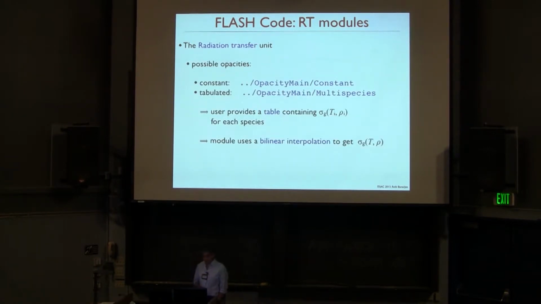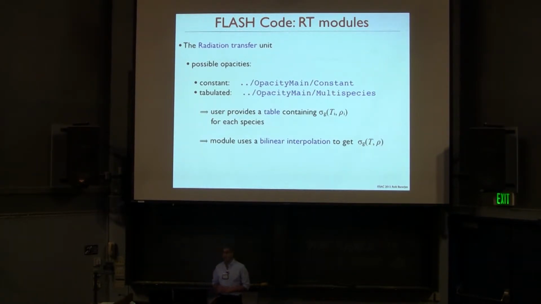And of course there are a couple of predefined ways to get the opacities. The simplest is again something constant, not varying with density or temperature whatsoever, so you get a fixed value. Or you use multi-species opacities, which at the end of the day just contains a table. And for the table you provide, I think there are a couple of examples in the Flash directory as well.